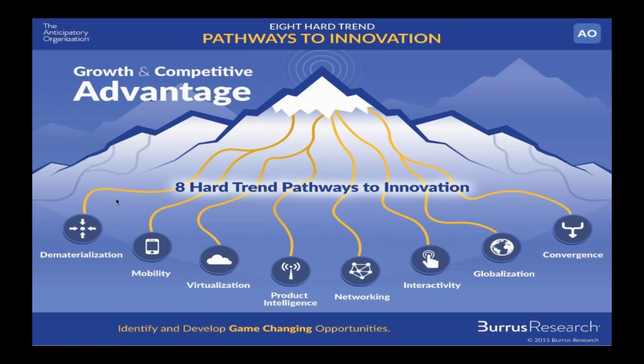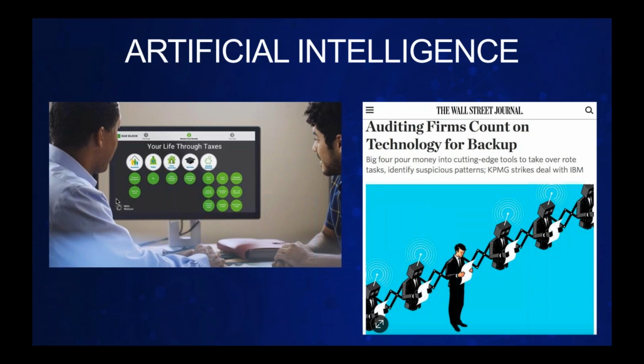But these are examples of all these hard trends that are beginning to impact how business processes and transactions are changing. And that's a good thing, because now you can spend more time using your accounting knowledge to look at the data and interpret it, instead of just getting the data right, which is what we spend most of our time on.